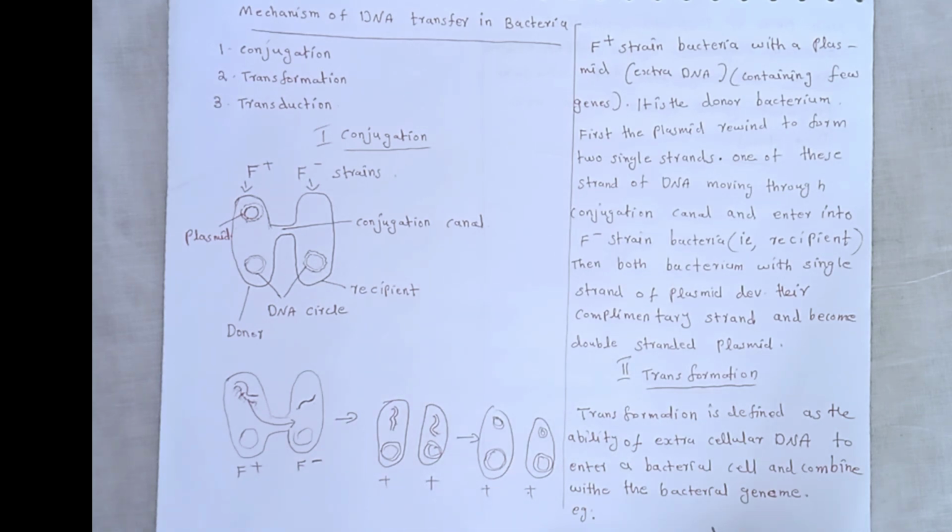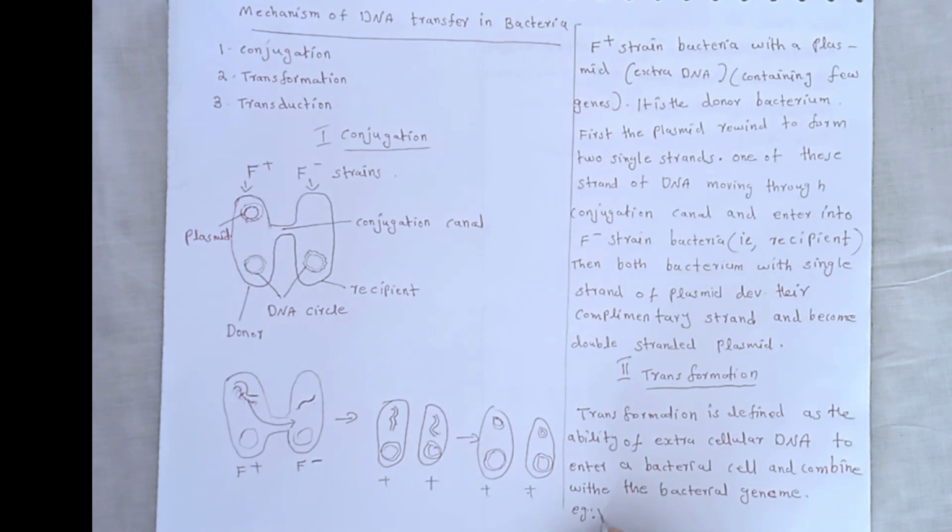But non-virulent rough coated bacterium is not a pathogen. By the process of transformation, the virulent Streptococcus DNA enter into non-virulent bacterial cell and change non-virulent bacteria into virulent bacteria. We already discussed about this part in our previous session.